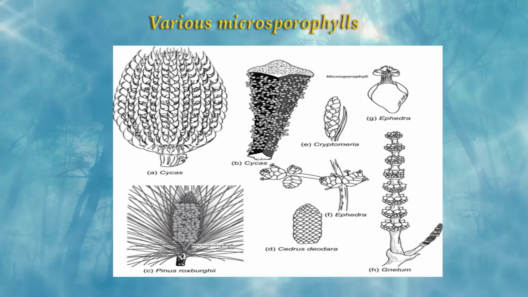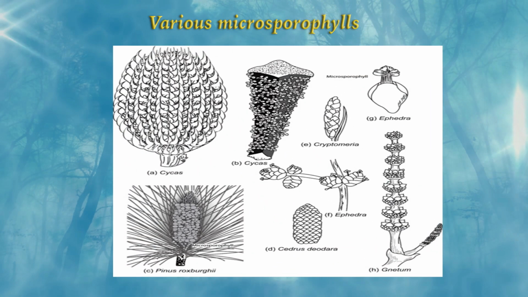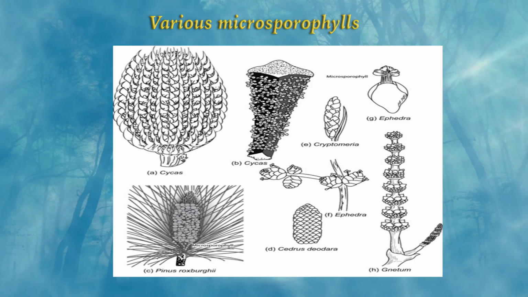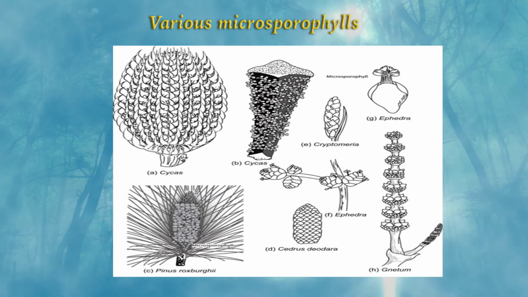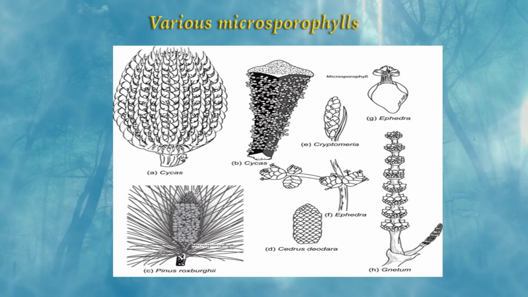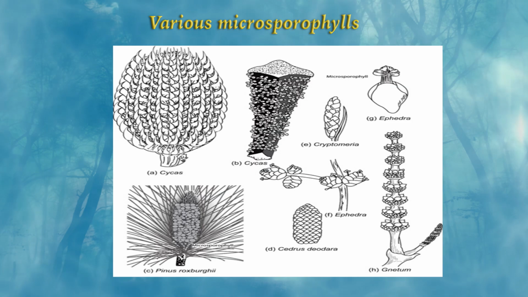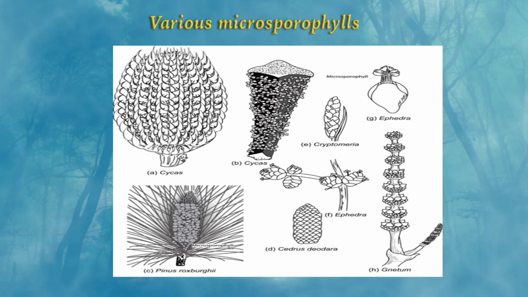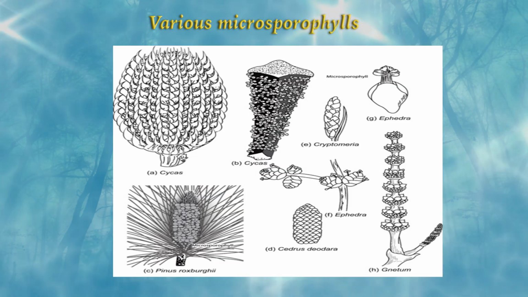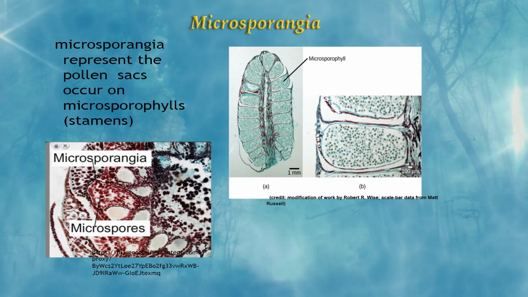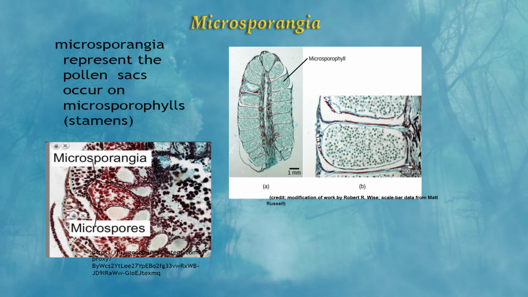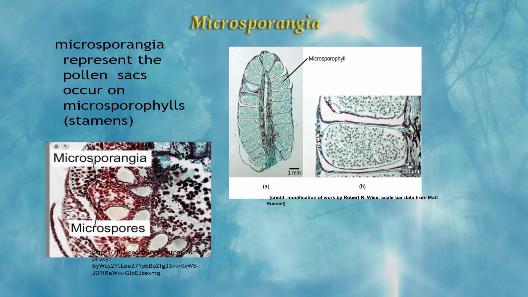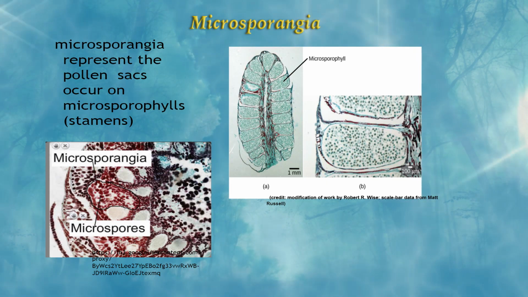You can see various types of microsporophyll, and the Cycas one is said to be the largest microsporophyll in the plant kingdom, and then you can see other types of small cones in which the microsporophylls bear small microsporangia in which the spores or pollen grains develop. So, microsporangia represent the pollen sac and microsporophylls the stamens, in comparison with angiosperms.